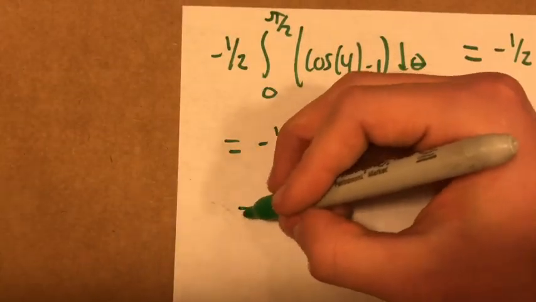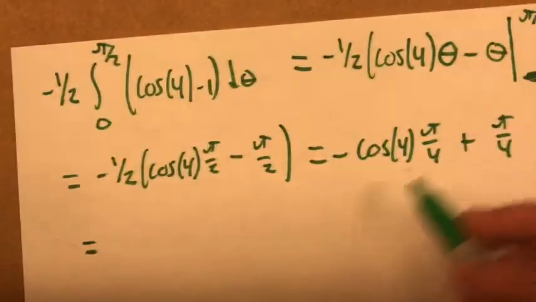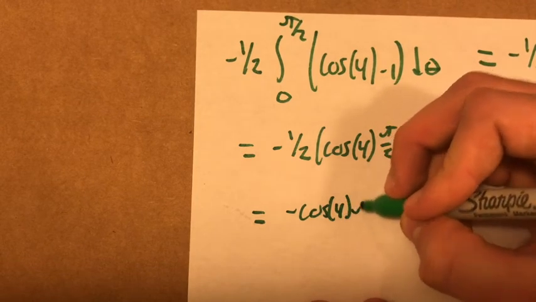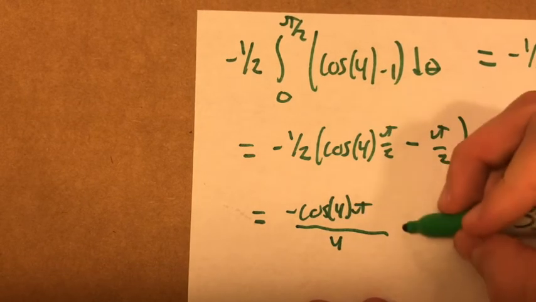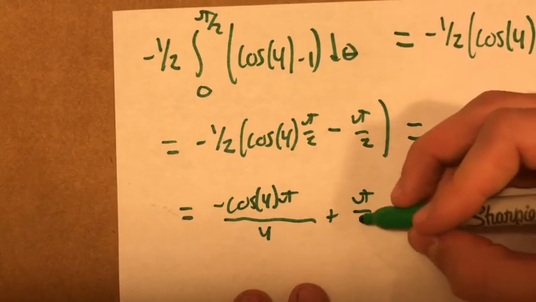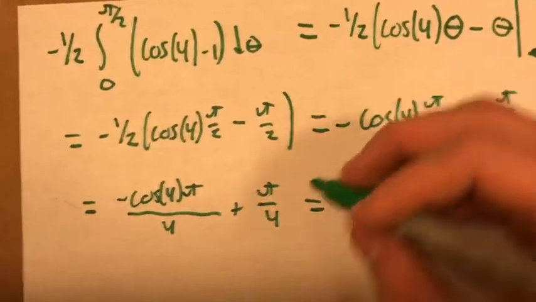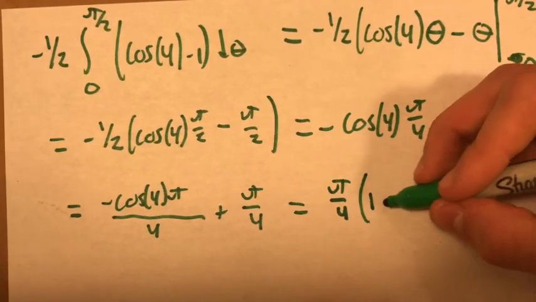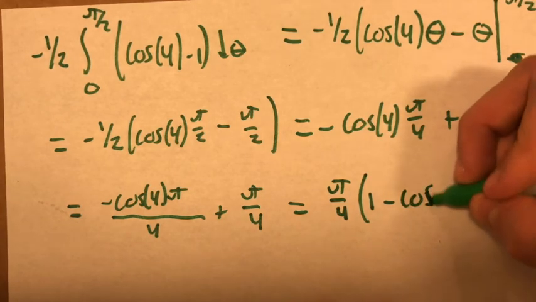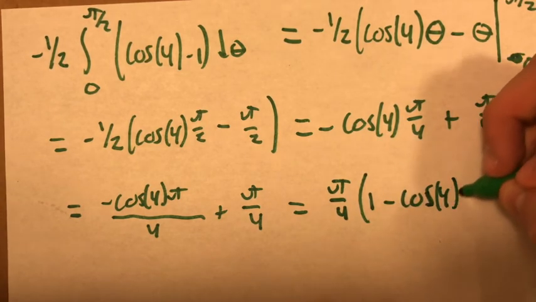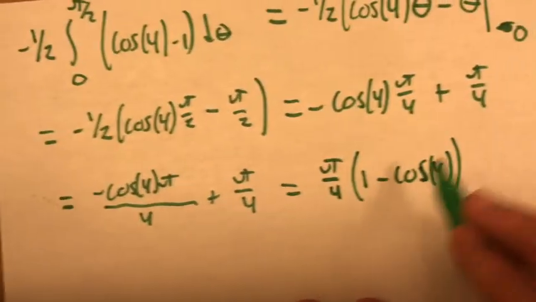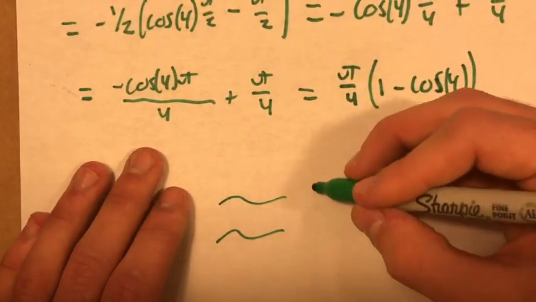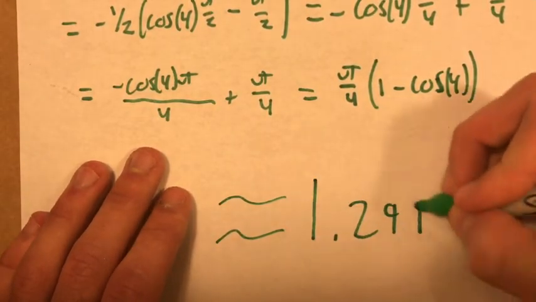And if we factor out a pi over 4, it's pi over 4 times 1 minus cosine of 4. And this, when we put it into a calculator, is roughly equal to 1.299.